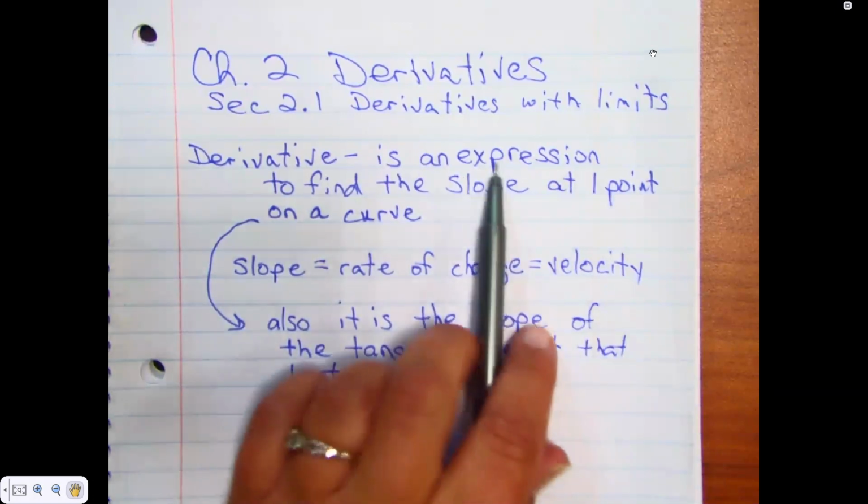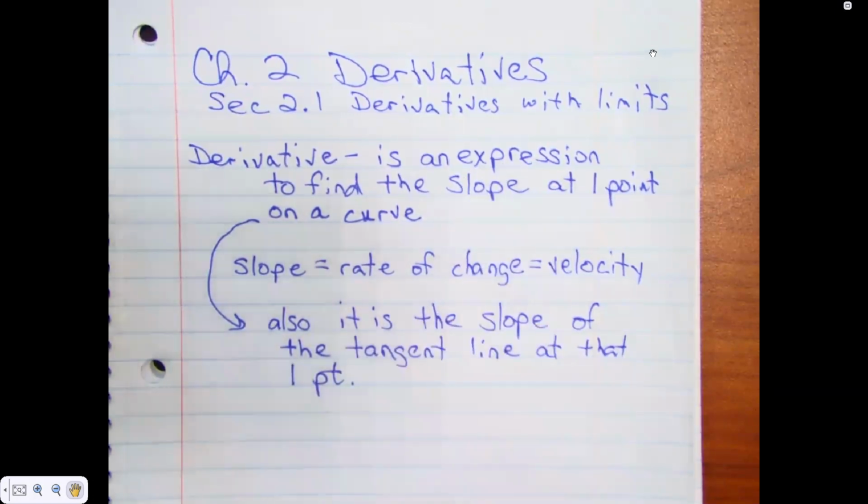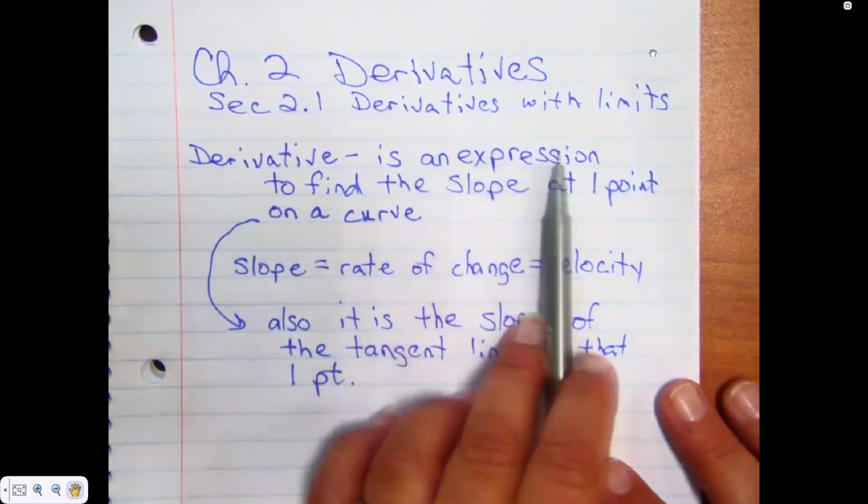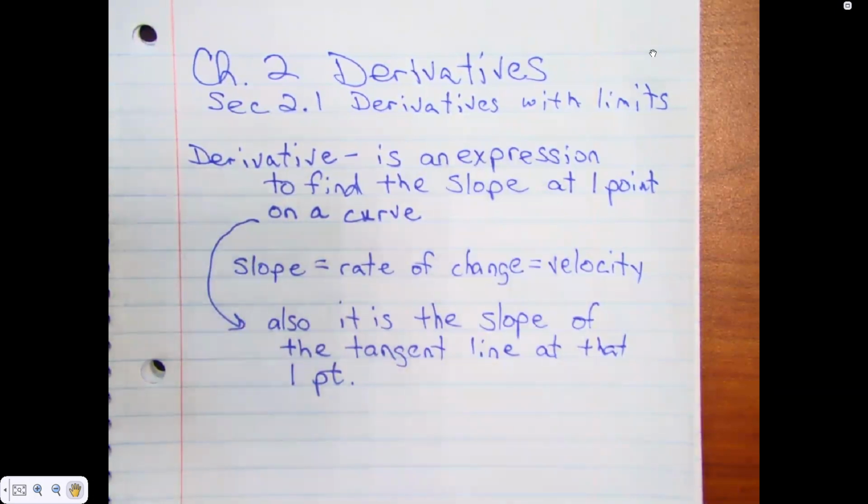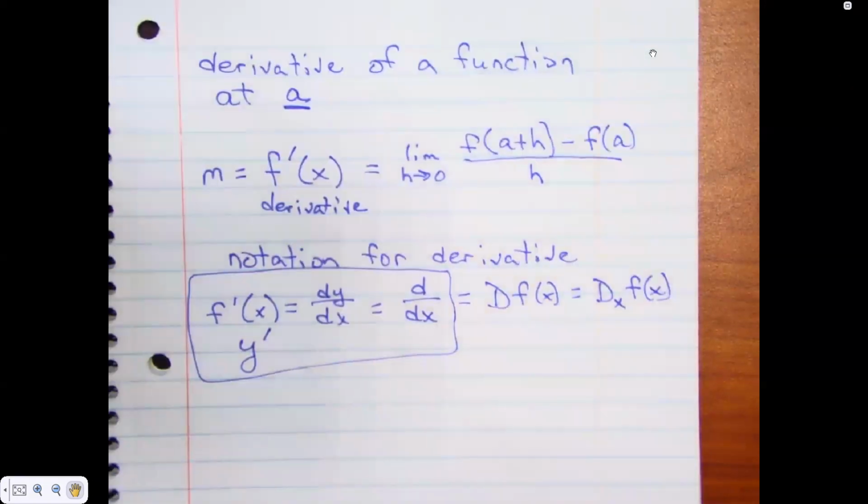That's the expression that we would use to find the derivative, to find the slope. But today we're going to find the slope right away, so don't panic about that part. The main thing right now, get in your head: derivative goes with slope at only one point on a curve. It works on a line too, but we've got other means.